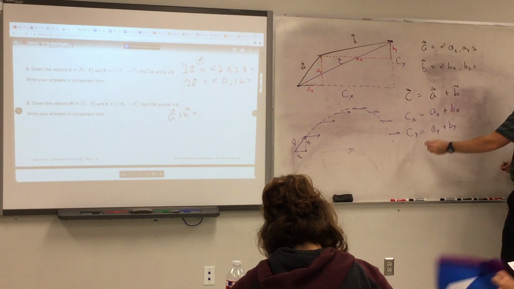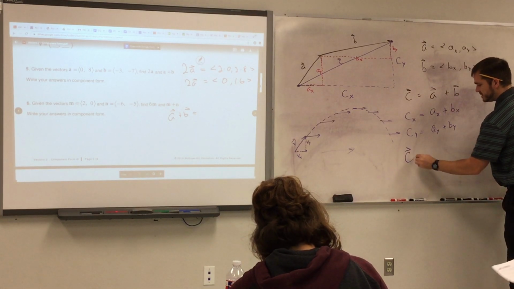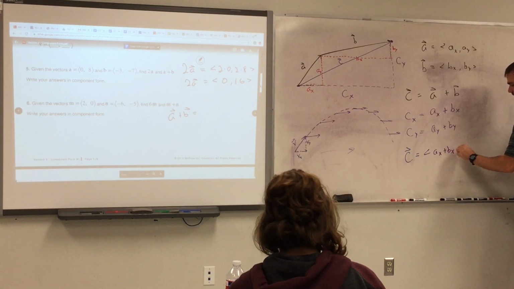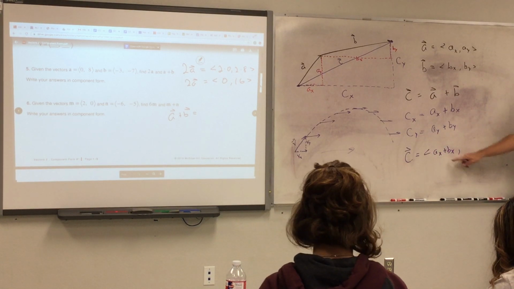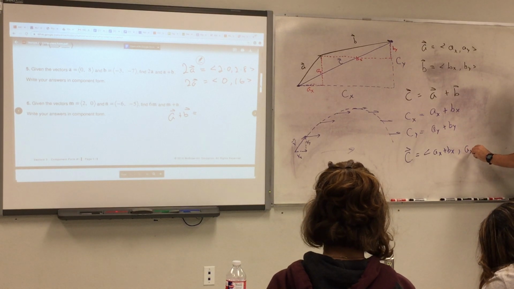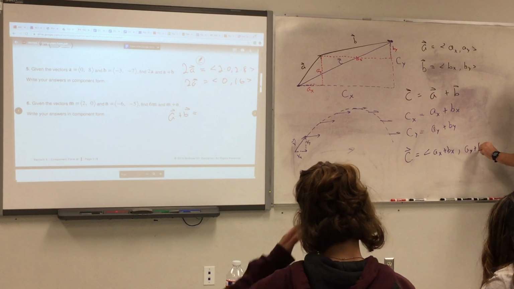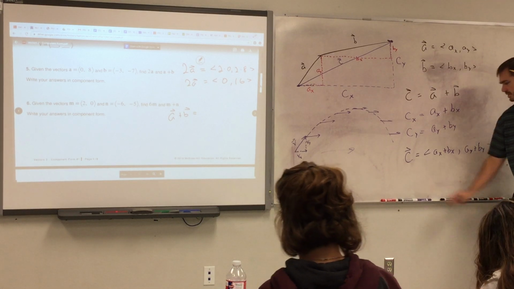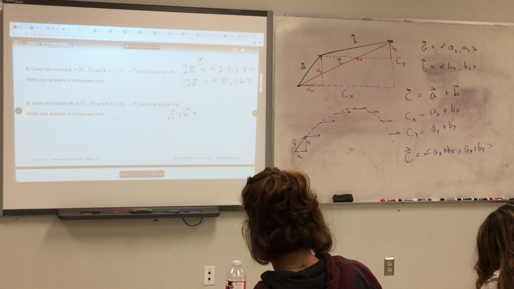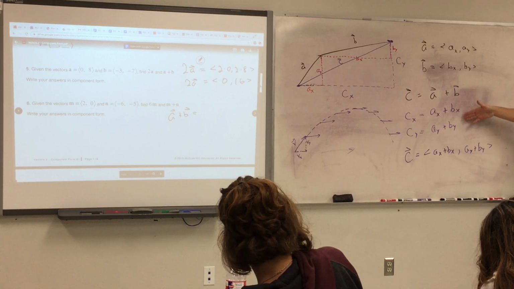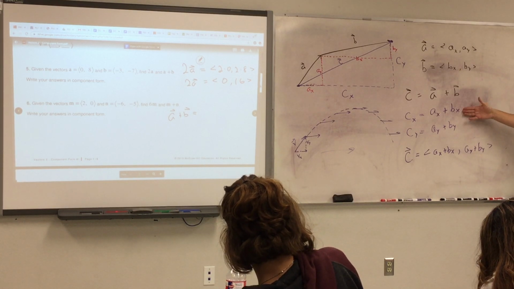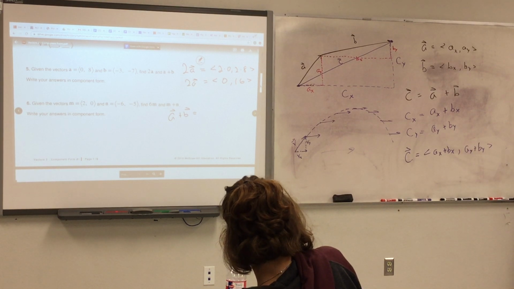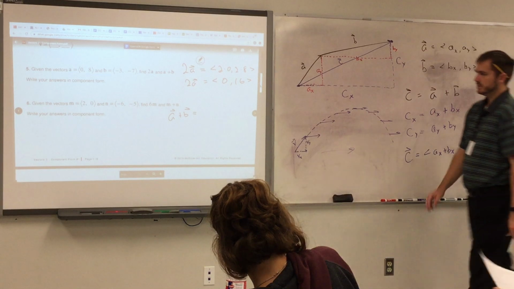If C is equal to A plus B, then C is equal to Ax plus Bx in the x component, and then Ay plus By in the y component. Sorry, I got so excited about talking about projectile motion. We didn't write a nice summary, but I feel like this also communicates that, but there it is all in component form. Almost in formula form.